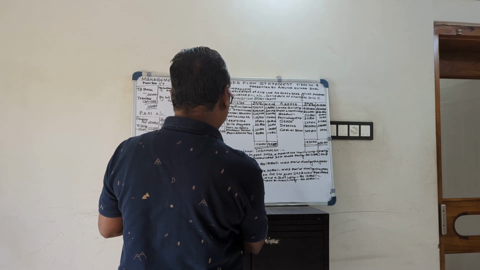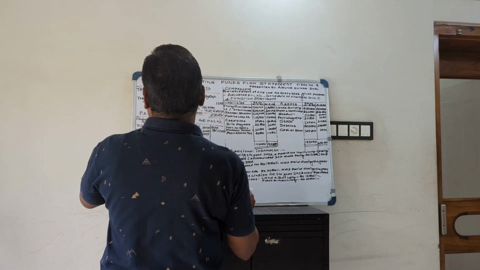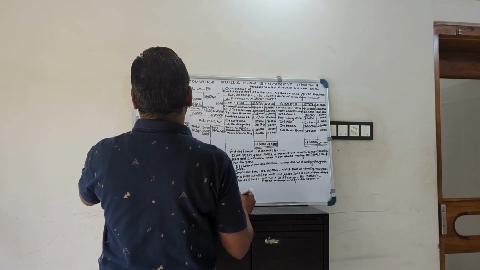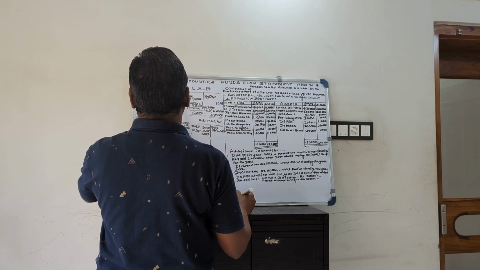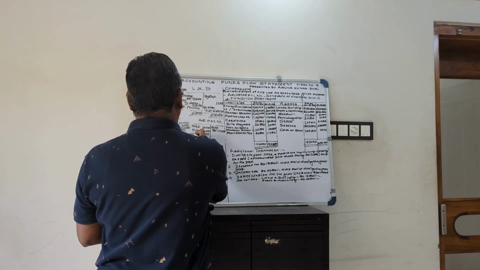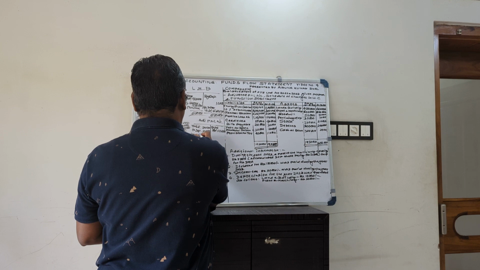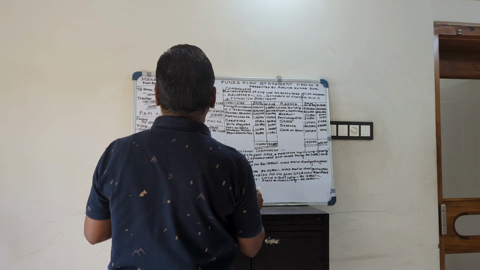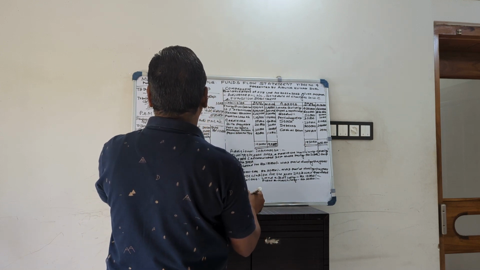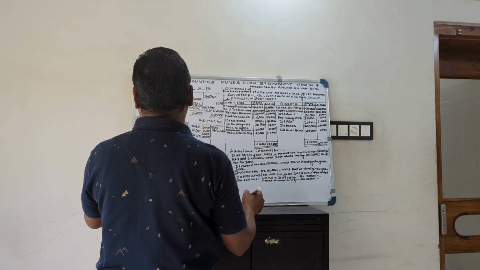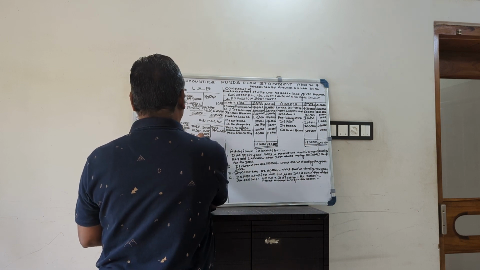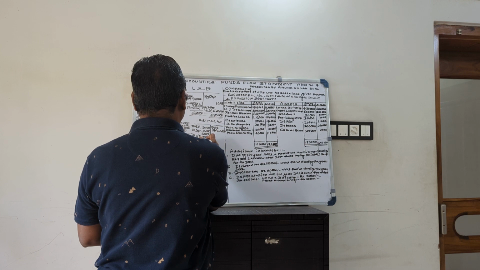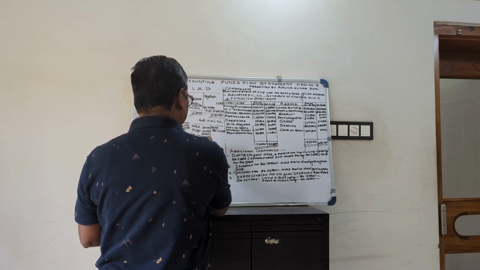Then income tax, provision for income tax 1,20,000. Then loss on sale of plant and machinery, 2,000.